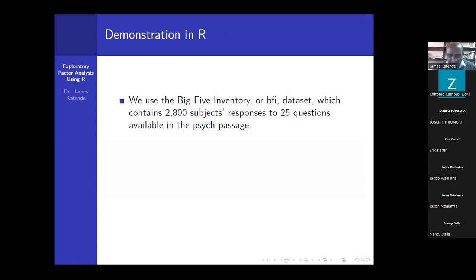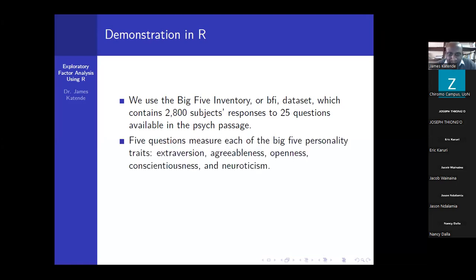So we are going to apply this to this Big 5 inventory dataset, which is available in the psych package. It's package, not passage. That's a typing error in R. So this Big 5 inventory basically measures 5 personality traits. This was a theoretical model.